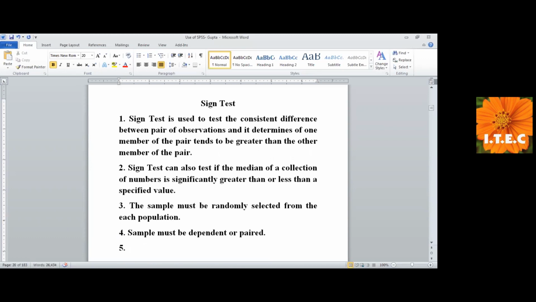Then the important point is that independent samples cannot be meaningfully paired.